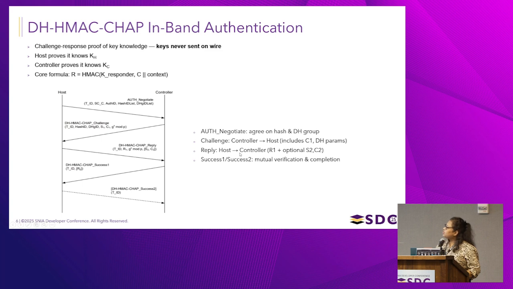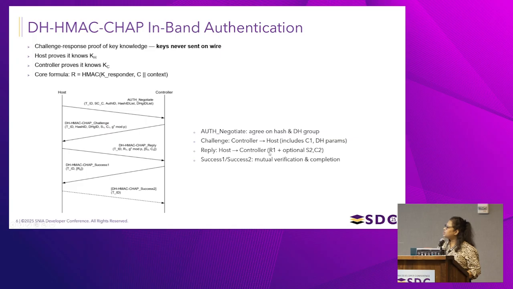So in summary, these are the 4 phases. The auth negotiate, where all the parameters are negotiated. The challenge, as I said, it's a challenge response protocol. So whichever entity is trying to validate or authenticate the other entity has to create a challenge.